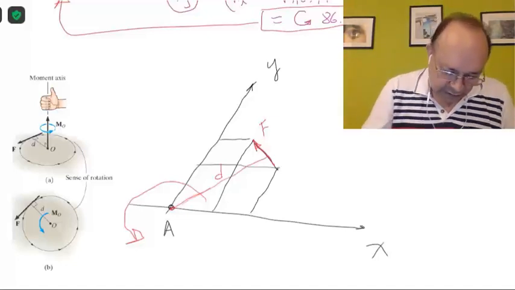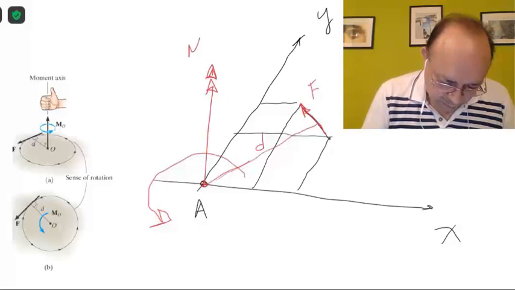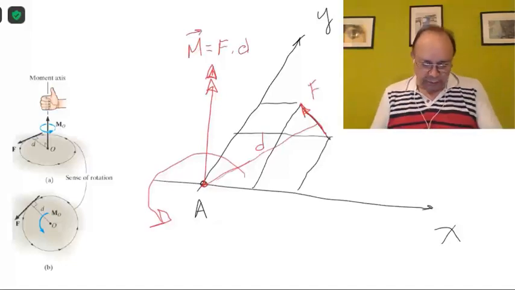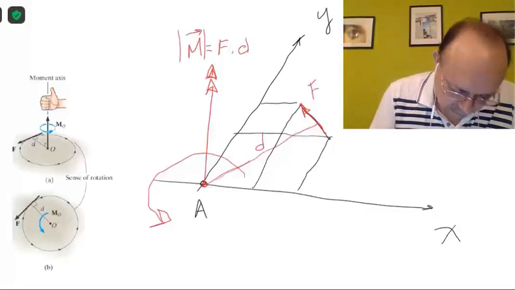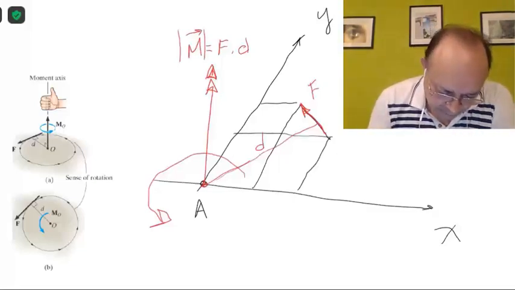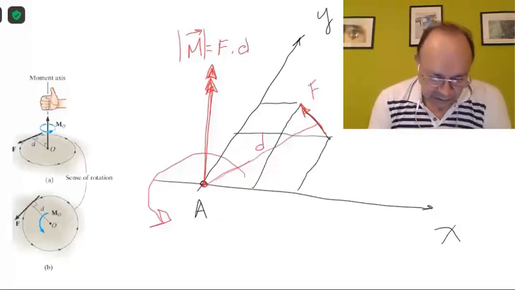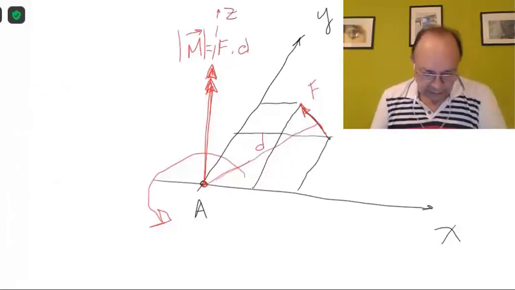So in this case, this will be the vector moment. This will be the moment, the vector moment F times d. Well, actually, this is just the magnitude. F times d is the magnitude. But if you see the moment as a vector, it will be a moment, in this case, going up in the z direction, in the direction of the axis Z.